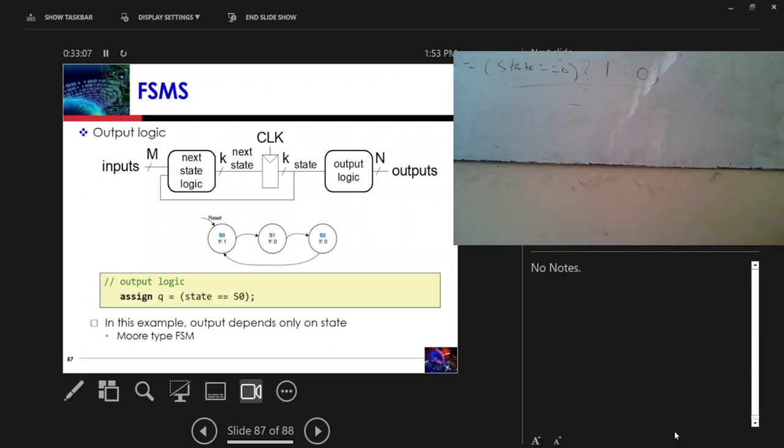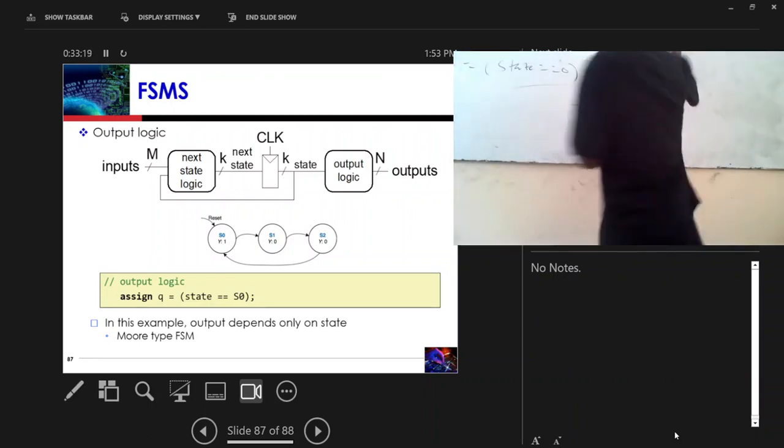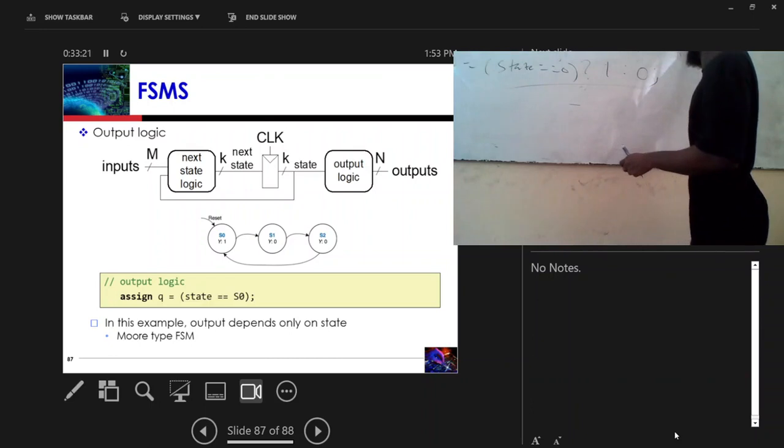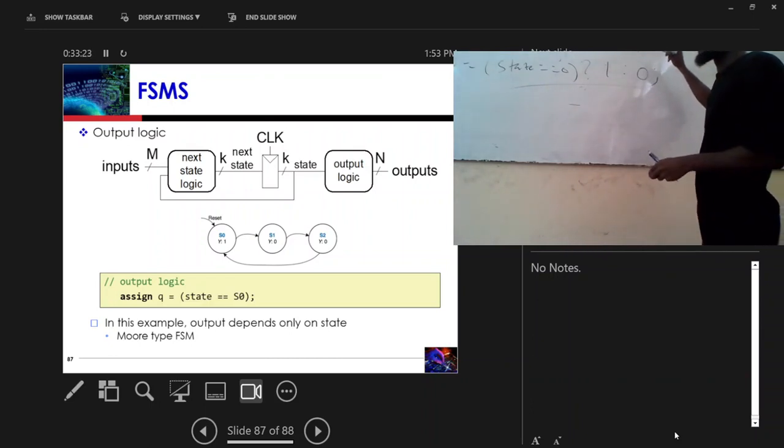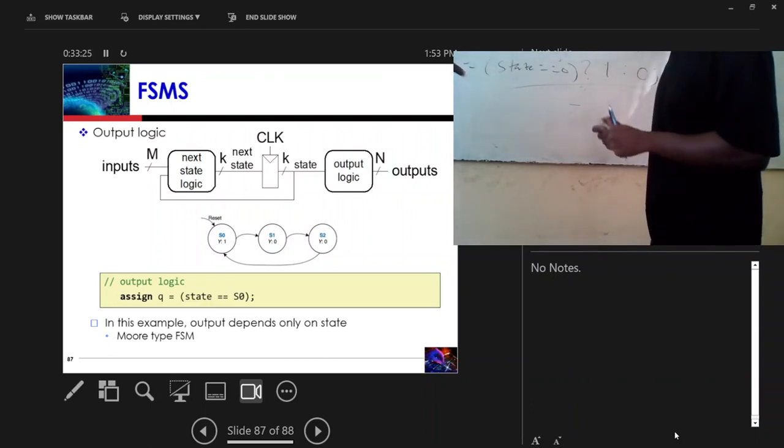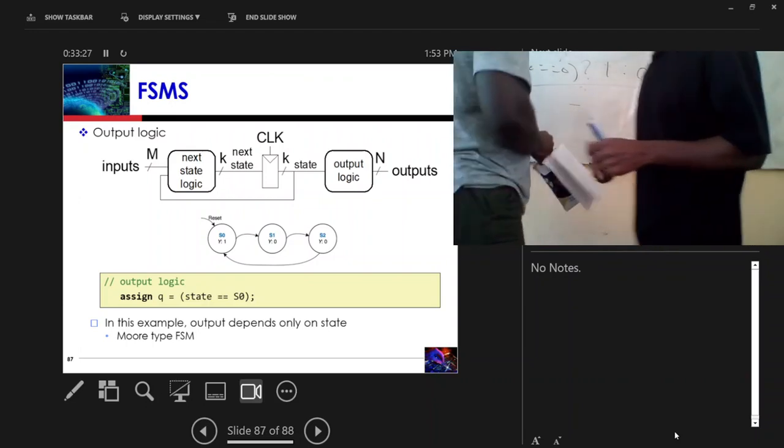Let me see the switch case. You see, there are more ways. Somebody has already done this: if, in brackets, state equal to element.